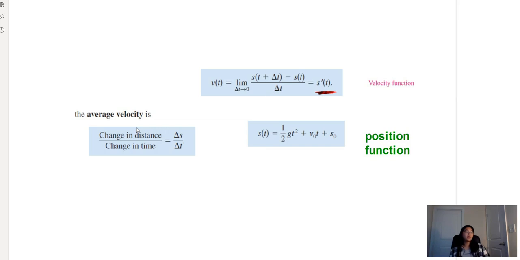Here we're saying that position is s of t, and for parabolic motion kinds of things, we tend to use this formula. You might have seen it in physics, you might not have, but here you go. 1/2 g, which is the acceleration due to gravity, t squared, plus v naught t plus s naught. So this is the initial position, this is the initial velocity, and this is how gravity is affecting the thing, and that will tell you the position. Why does this 1/2 come about? Well, that's an interesting question. I think you can probably justify that to yourself using derivatives.